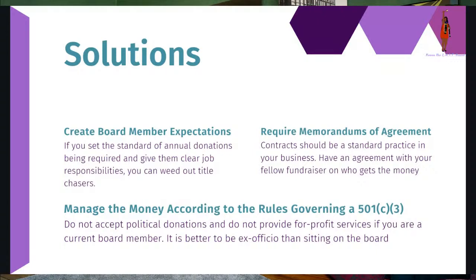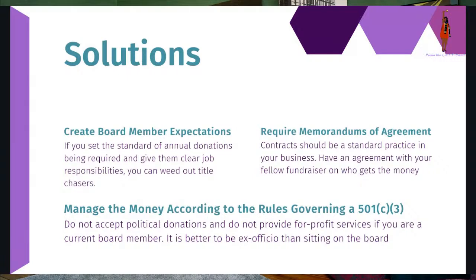Now, there are situations where board members own other companies. Okay, there is a situation where there's a conflict. A conflict that arises is that you have to let the board members know of your conflict, that you work with that company. That company wants to work with your organization and get paid. Now, you can try to do this the good way, or you can try to do this the not so great way.